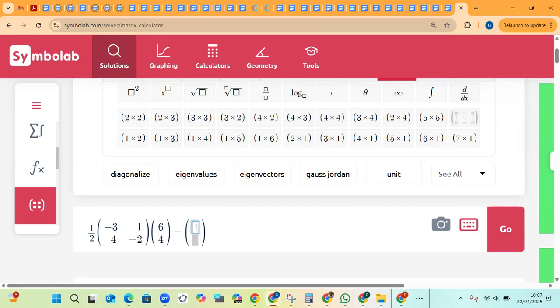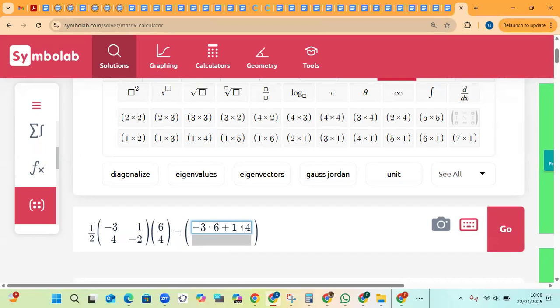So the negative 3 must multiply, you can use the dot for multiplication. Negative 3 multiplied by 6 plus 1 times 4. As you can see, I'm using a dot for multiplication.